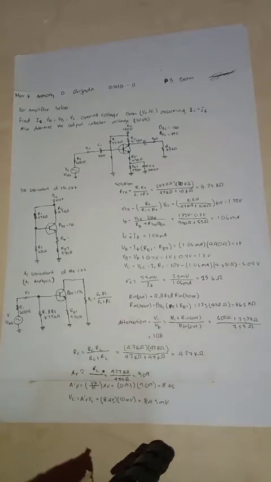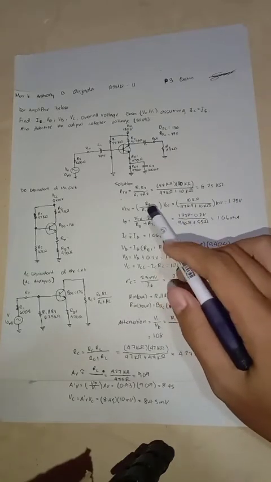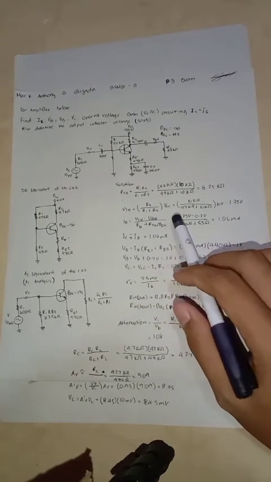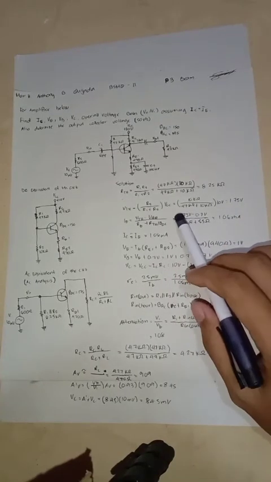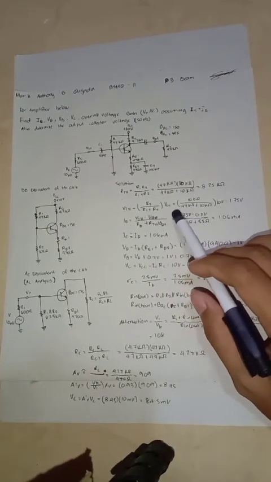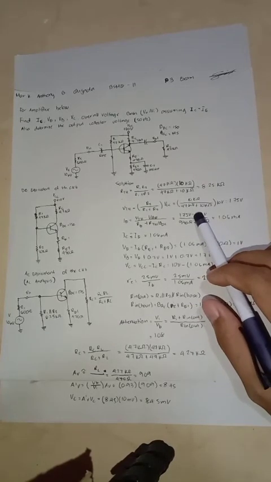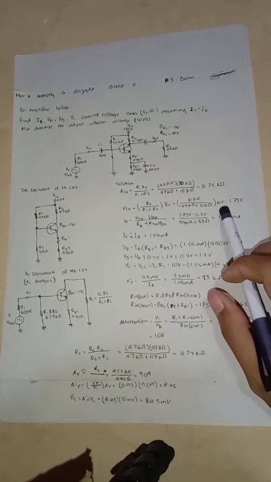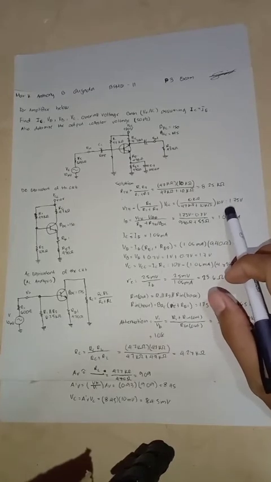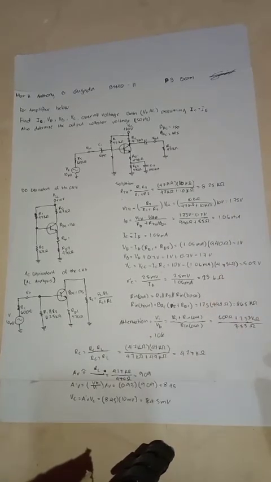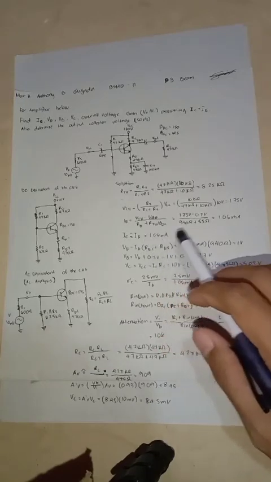So now we have the value of our Thevenin's resistance. For Thevenin's voltage, the formula is R2 over R1 plus R2 times VCC. So the value is 10 kilo ohms over 47 kilo ohms plus 10 kilo ohms times 10 volts, which is equal to 1.75 volts.